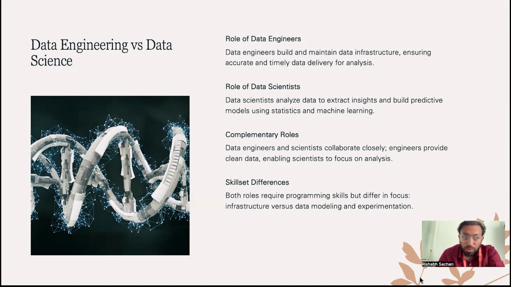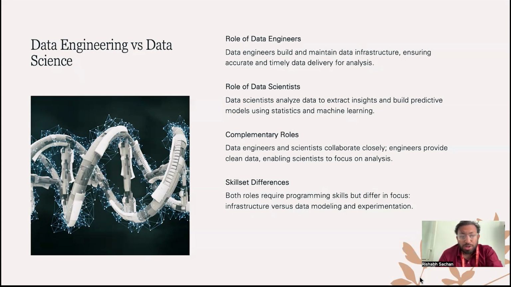Now we talk about the data engineer and data scientist roles. The role of data engineer is very important from the market perspective. Data engineers build and maintain data infrastructure, ensuring accurate and timely data analysis.